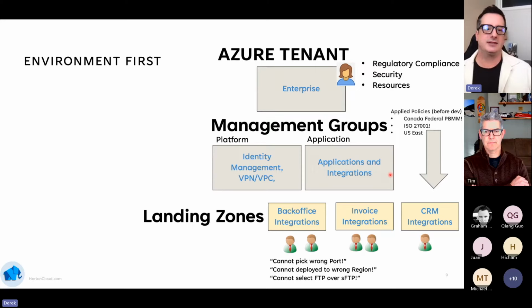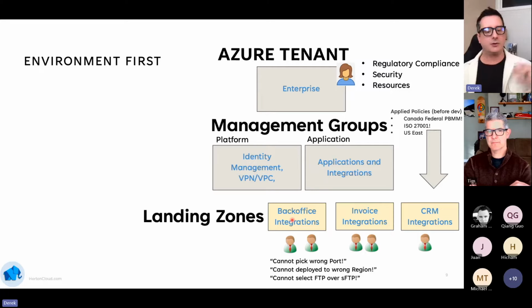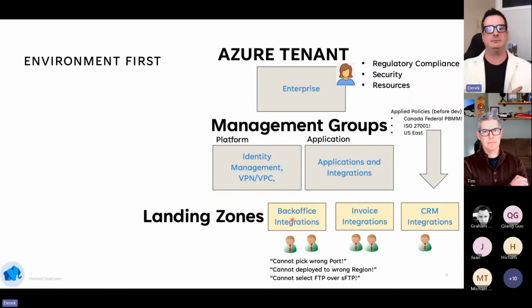The last notion of this is called the landing zone. So this is kind of a pre-built environment that it falls out, right? So it's usually an application workload where you're saying, hey, I like to delineate my back office integrations at one. Invoicing is a big one. It's got a lot of integrations there. So that's a unit of work, an application workload that I like to have all sitting in its own landing zone.